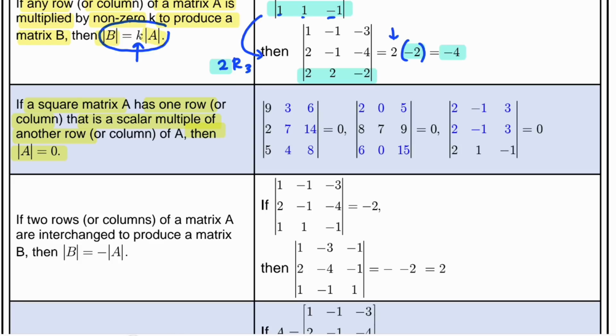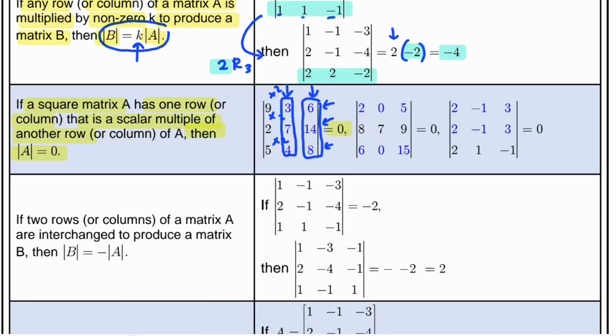For example, in the first matrix here, you can notice this column is actually 2 times the second column. If you multiply each of these entries with 2, you will get 6, 14 and 8. So in that case, the determinant of the matrix is 0.